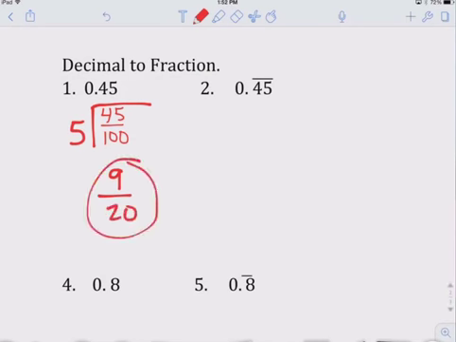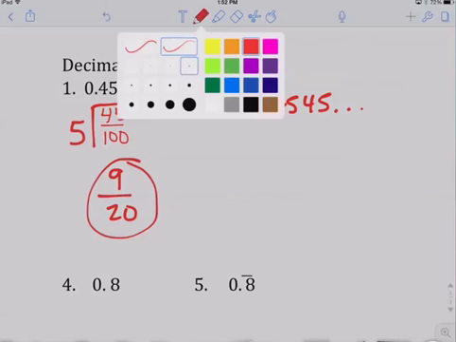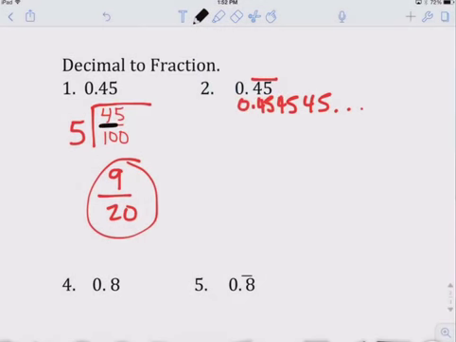Now this is repeating. This means it's 0.454545 goes on. Okay, because it's repeating, instead of putting a fraction bar, which means divide, you multiply by 100 because this is in the hundreds place.